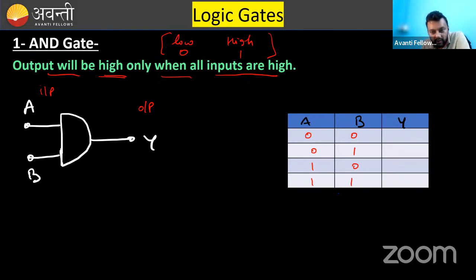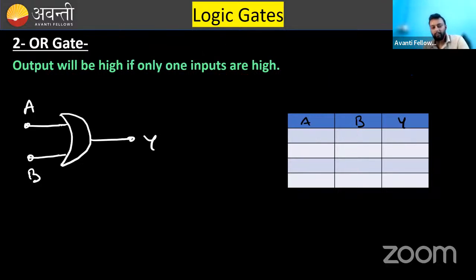So in the fourth one, all inputs are high, so output will also be 1. In all other cases, at least one input is 0, which means output will also be 0. Is the statement clear? So in the AND gate, you will remember one thing: the output is high when both the inputs are high. This is called a truth table.